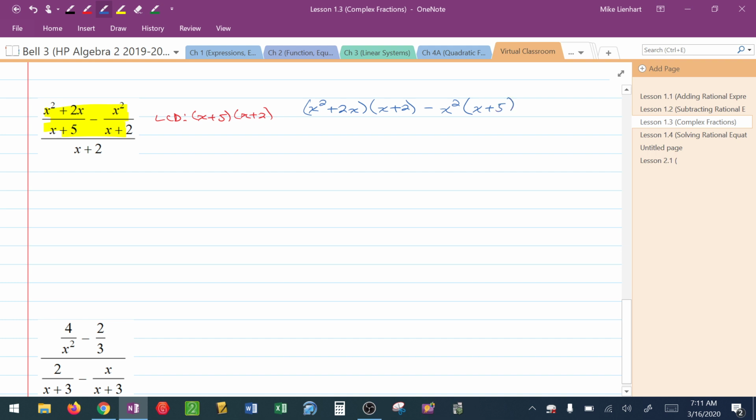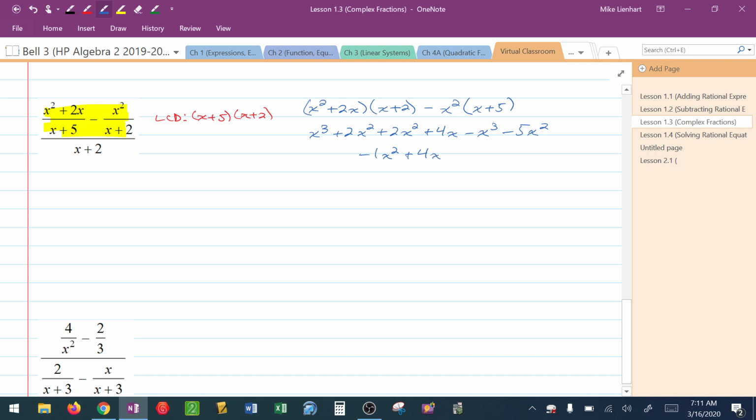All right, I'm going to clean this up. So this would be x cubed plus 2x squared plus 2x squared plus 4x minus x cubed minus 5x squared. So let's see, when I combine like terms here, I have negative 1x squared plus 4x.